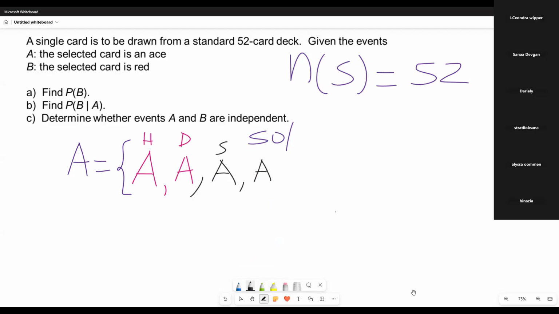Okay, we've got the ace of heart and ace of diamond, they are red. And we've got ace of spade, this is black, and ace of, what is the other one again? I forgot the other one.